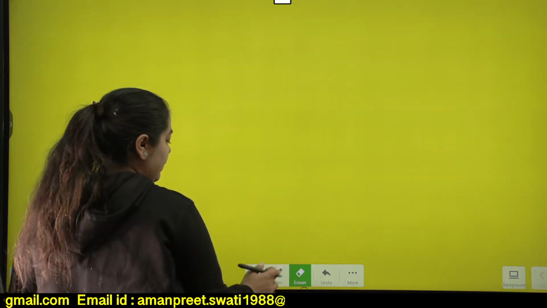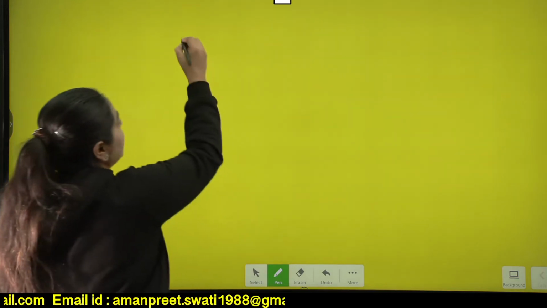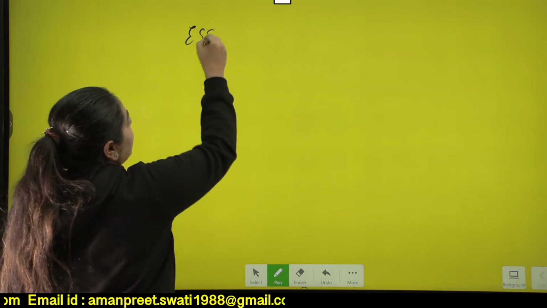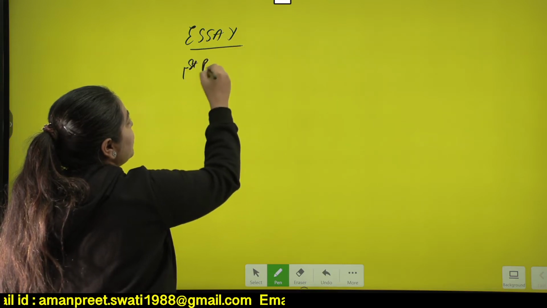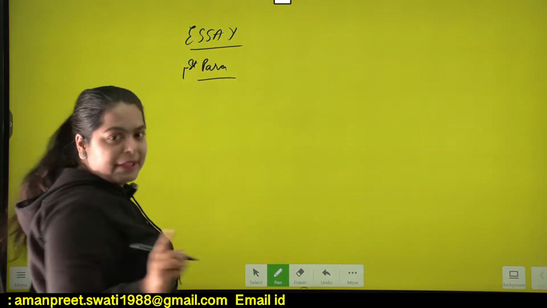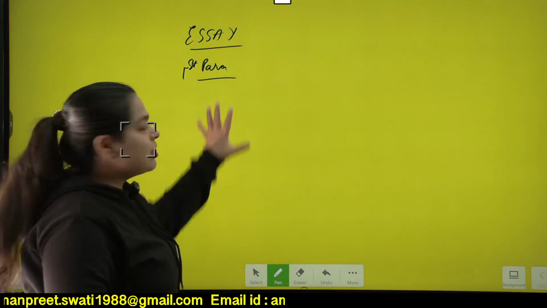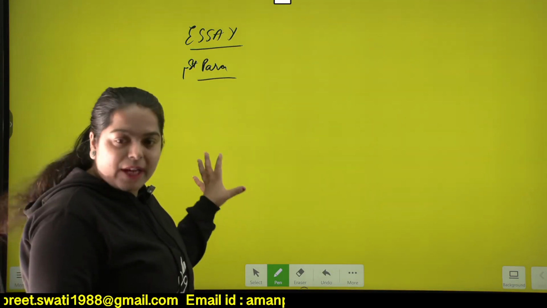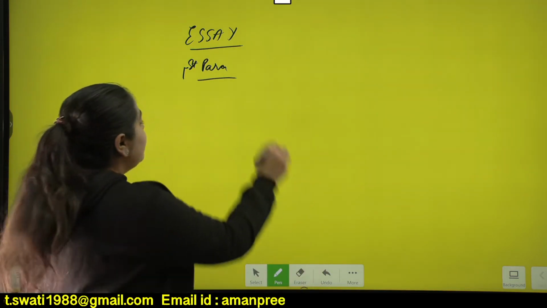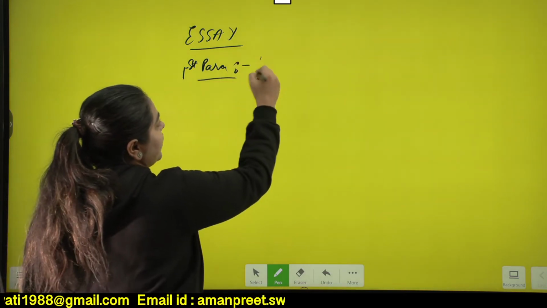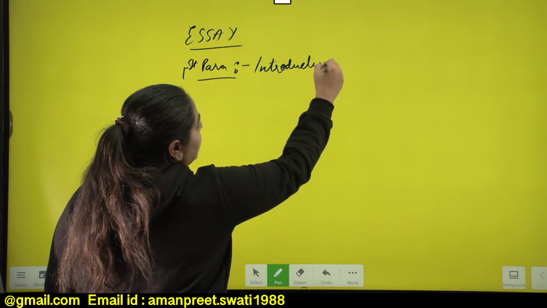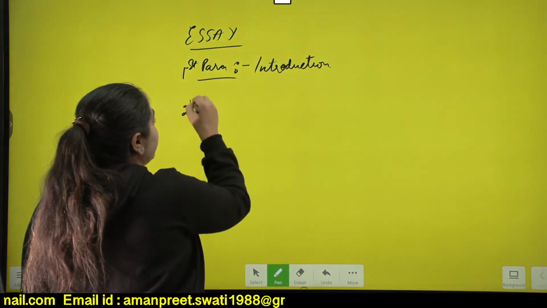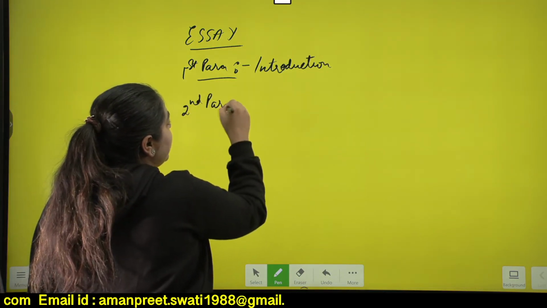So if we specifically talk about your essay writing, you need to understand your first para, although you are not supposed to give any heading in the examination. No. But this is just for the sake of understanding. So first para relates to your introduction. Second para, main body para 1.